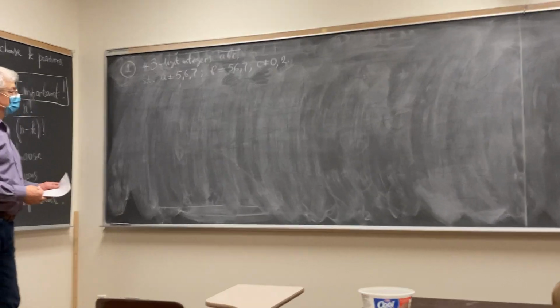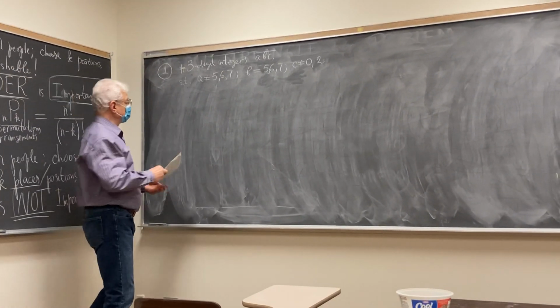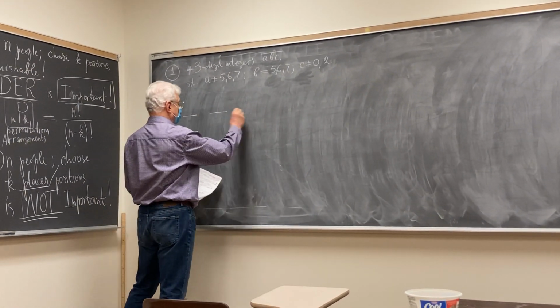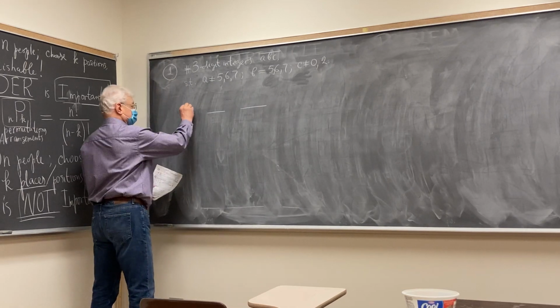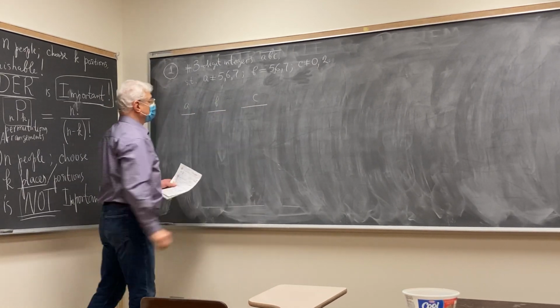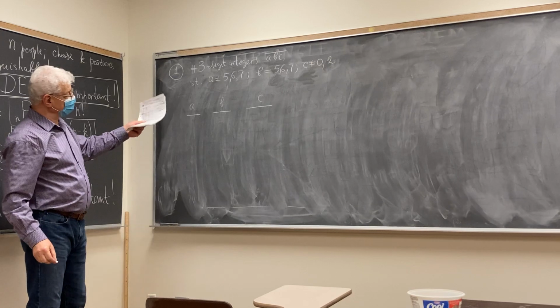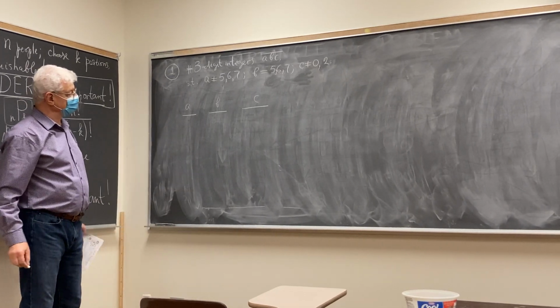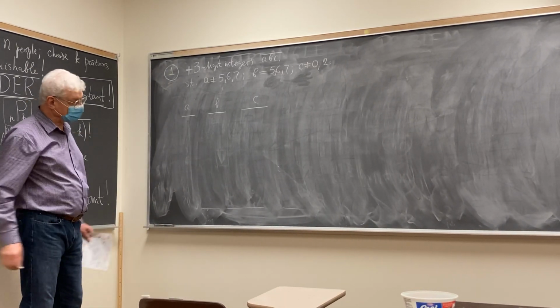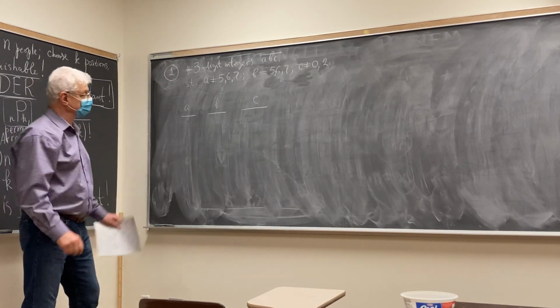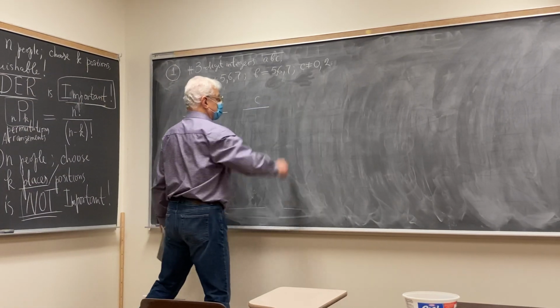So this is A, B, C. A is any digit but 5, 6, 7. B must be only 5 or 6 or 7, that's it. And C is not 0, not 2.